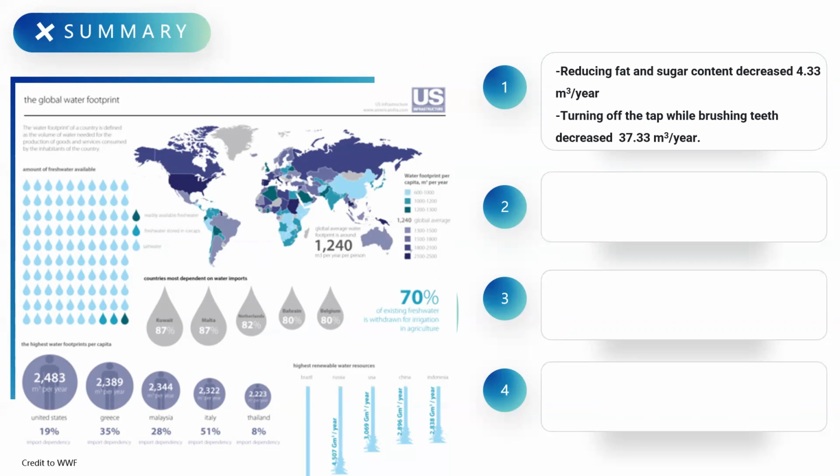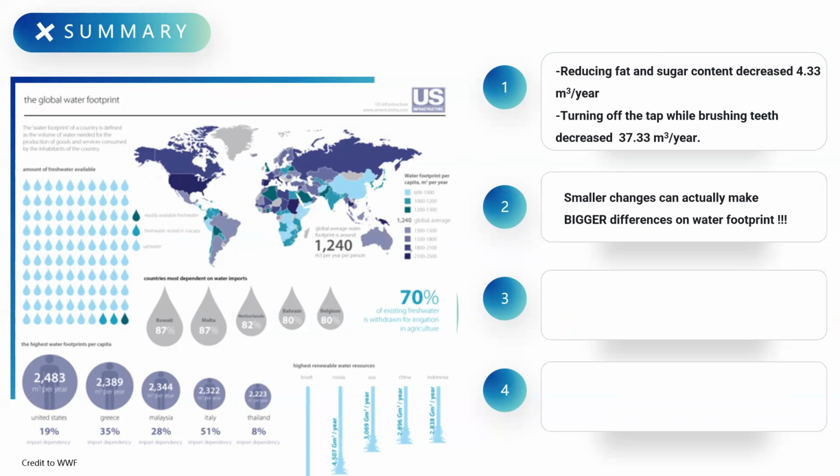While turning off the tap when you brush your teeth can decrease way more, around 37.3 cubic meters per year. So I'd say smaller changes can make a bigger difference on water footprint based on our result. Changing your daily fat and sugar consumption is quite difficult for me personally, but turning off the tap while you brush your teeth or wash your face is quite easy.